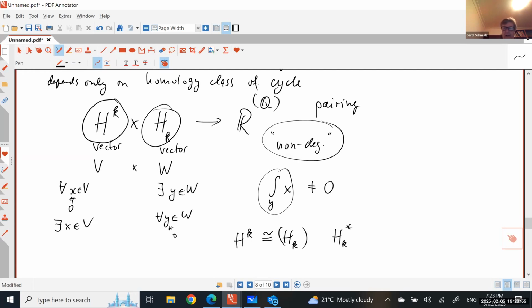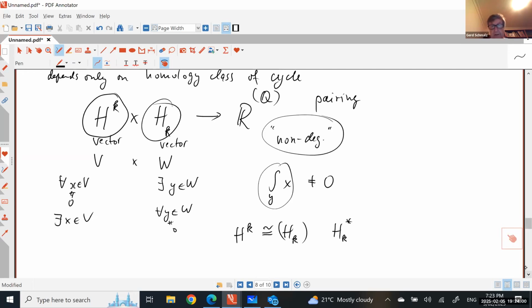But we know there are exactly as many, in terms of a vector space, as we have these nice geometric objects, cycles which are not boundaries on a donut.